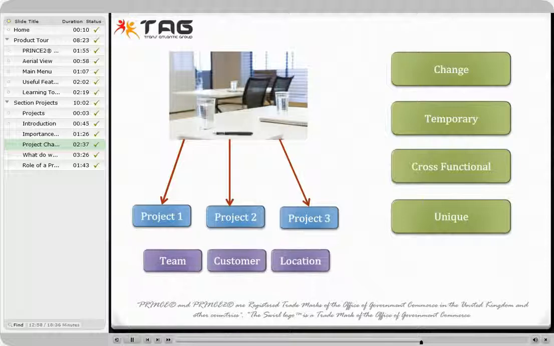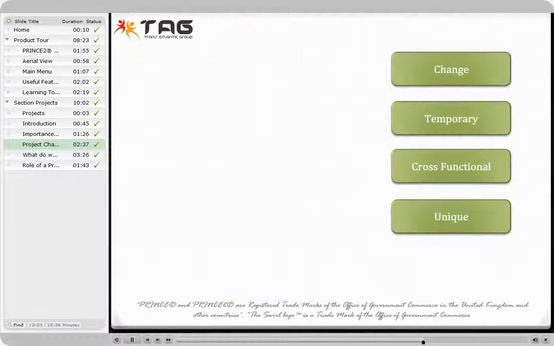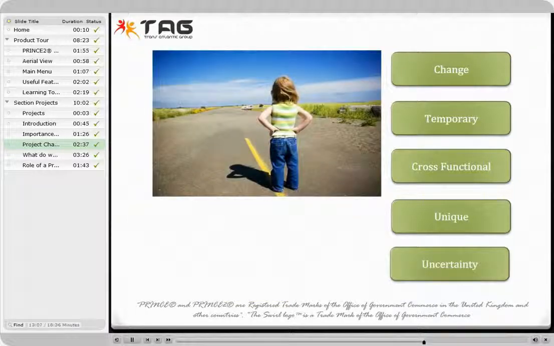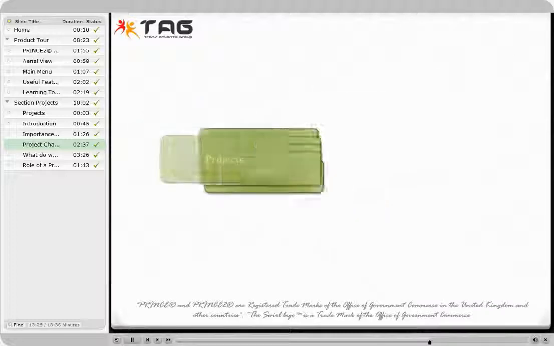All these factors combine to make every project unique. Apart from its uniqueness, there is an amount of uncertainty. Clearly, the characteristics already listed will introduce threats and opportunities over and above those we typically encounter in the course of business as usual. Projects always tend to be more risky.